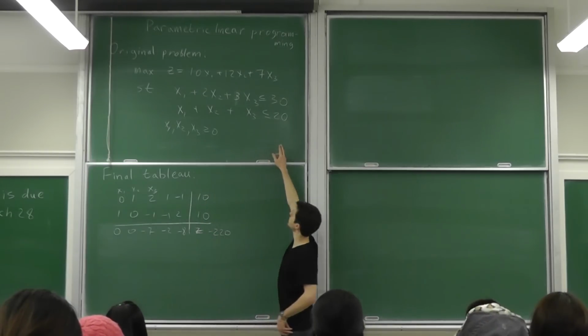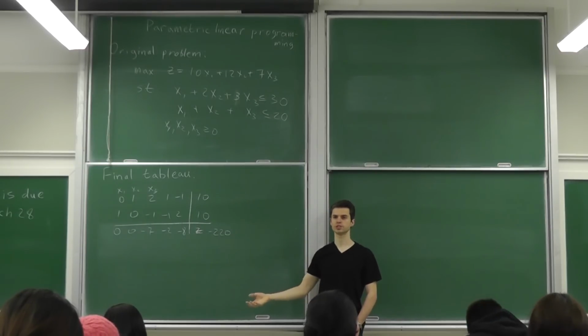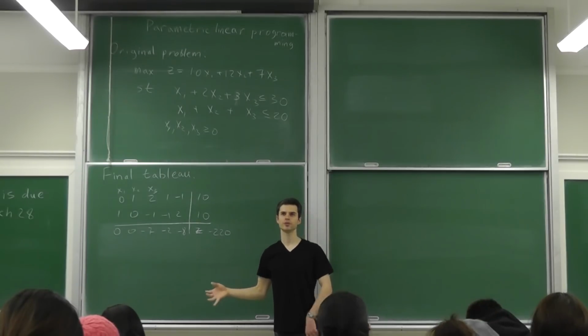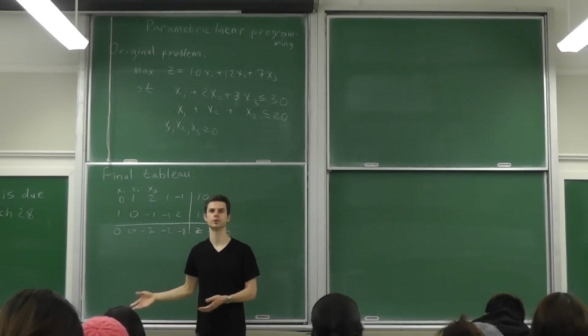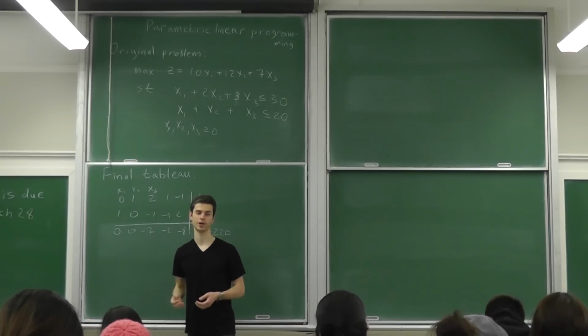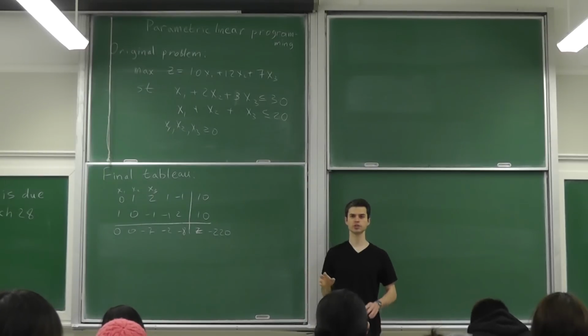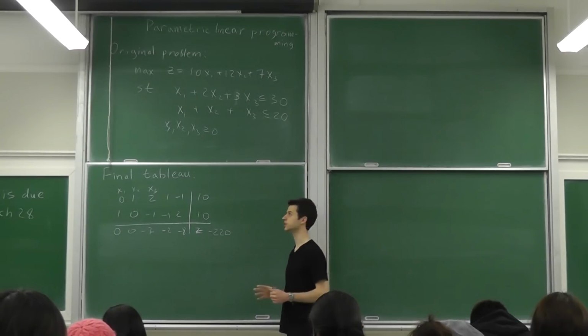So let's say that you have an option of taking some resources away from factory number 2, but somehow if you take away resource number 1, you'll have to give it resource number 2 in some amount. So this will affect the right-hand sides, but not in any kind of predictable way. Or let's say another situation.